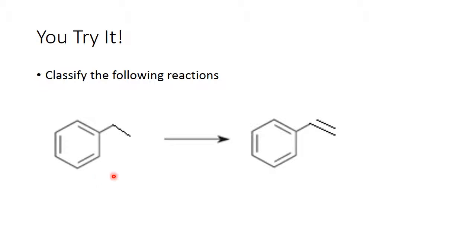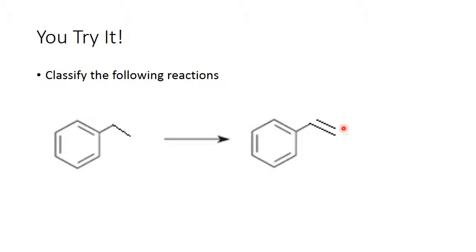So the number of carbons has not changed. Now let's look at the number of hydrogens. There's no heteroatoms, so we don't need to worry about them. Let's just count hydrogens. 1, 2, 3 here. 4, 5, none here. 6, 7, 8, 9, 10. So it's 10 hydrogens here.